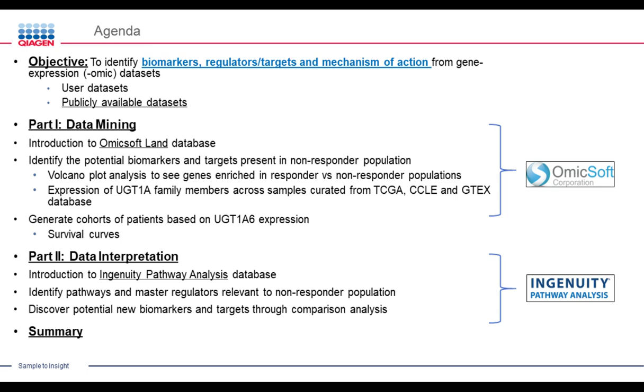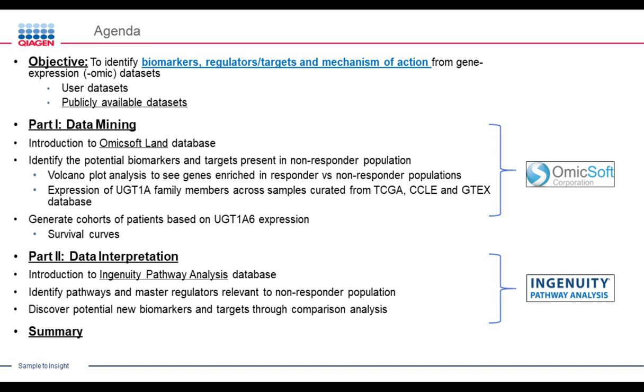In the first part, we'll be focusing on data mining. So we'll be using Oncoland from Omicsoft for data mining. I'll introduce you to the software and find a good dataset for anti-PD1 non-responders. Then we'll study how the software can be used to identify biomarkers by looking at the expression across different tumor tissue from public sources such as TCGA, GTEx, and so on.